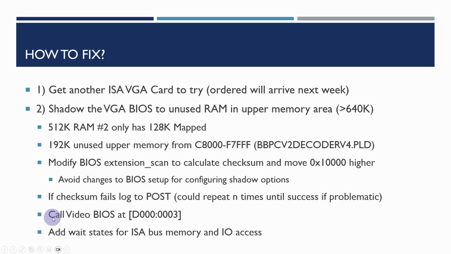And the only real difference now is that when we call the video BIOS, it now uses this adjusted segment. So it was using C000 previously, and now it's going to be using D000. And I've also added the wait states for the ISA bus memory and I/O access. Now, when I did these changes originally, I did it for all ROM and all RAM access.